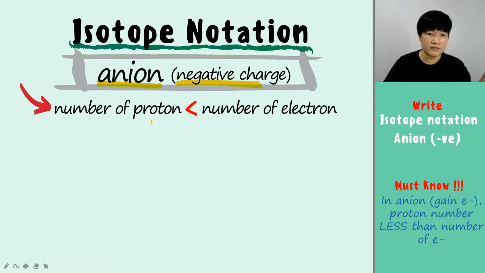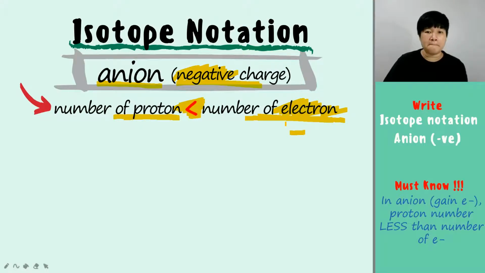Simple, easy. Last but not least, let's look into isotope notation of anion, which is a negative charge. Vice versa of the cation, the number of proton right now must be less than the number of electron. In other words, it's a negative charge. So your electron that carries the negative charge must be more than the proton that carries the positive charge. In other words, your electron is gained right now or is added.